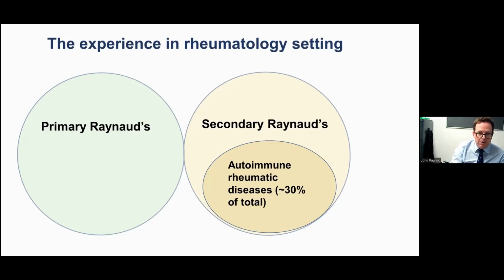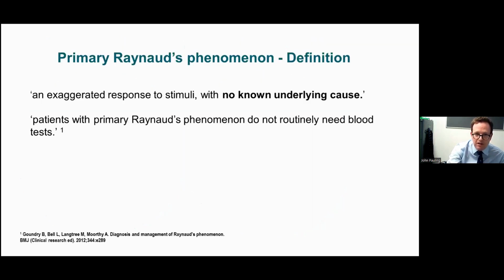And that's partly because there's often other features present or abnormalities on the blood tests that have prompted the GP to think, could this be an autoimmune rheumatic disease such as scleroderma? So my experience of Raynaud's is very different really to the experience that a primary care physician or a GP would have of this disease.